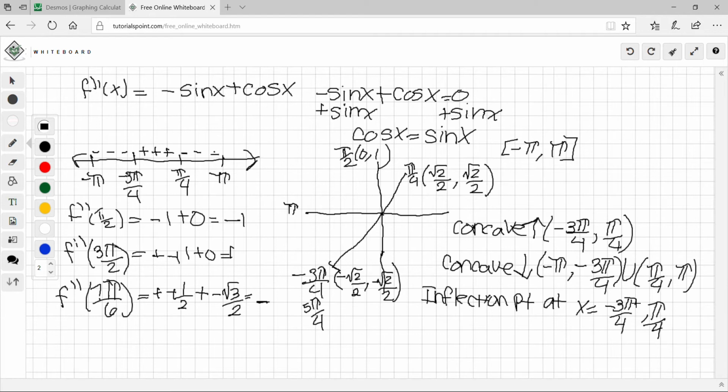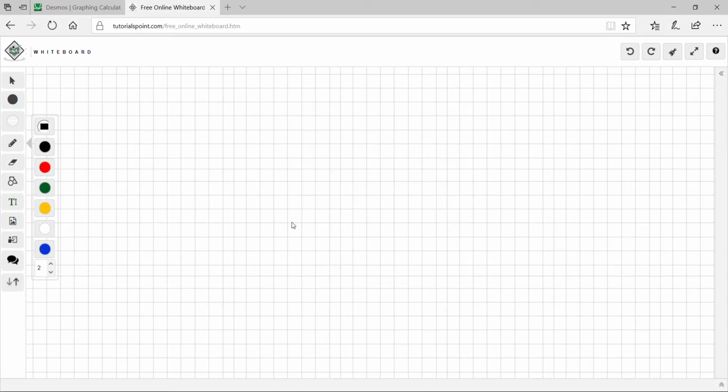You would have to graph the original function, so I'm going to erase everything. So if you were to graph it, oh my god, this is horrible.